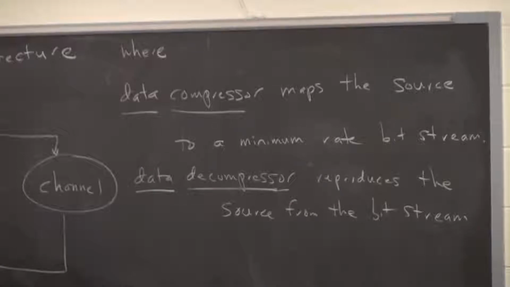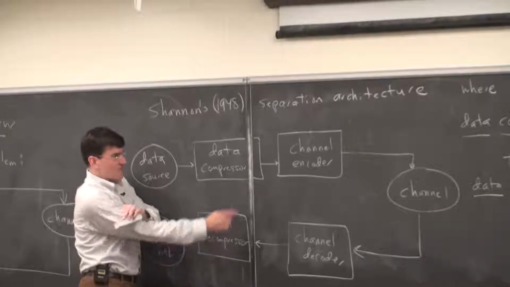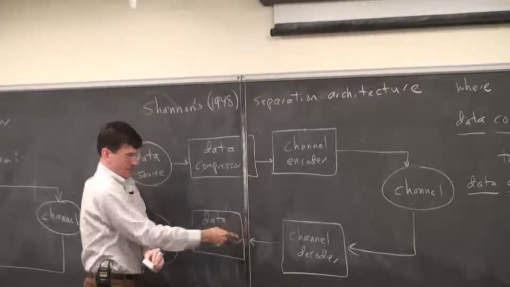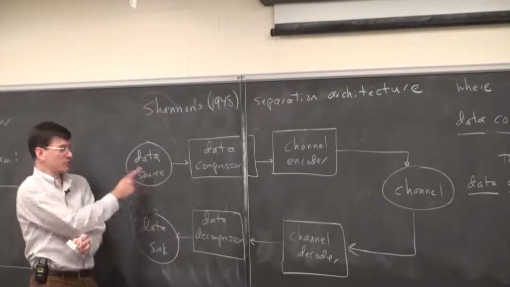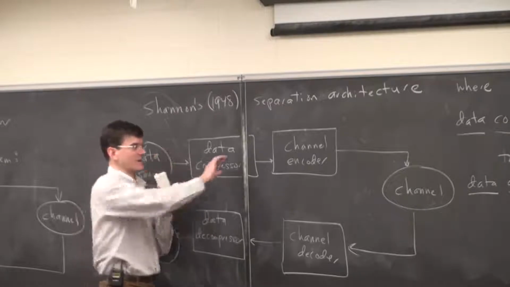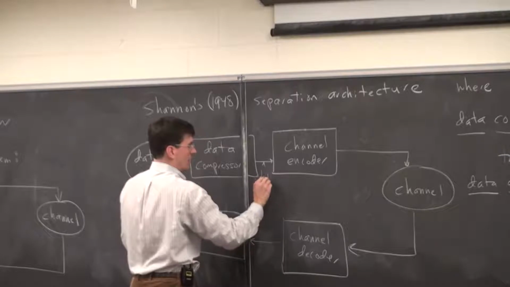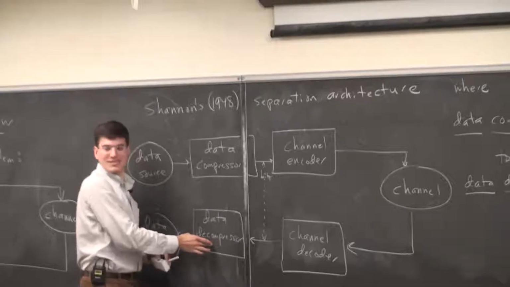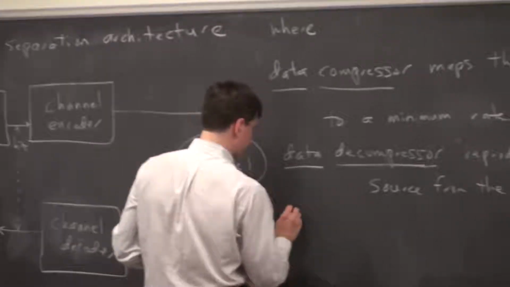The data decompressor right here is designed so that if you just feed the bits that come out of the data compressor right into it, like suppose you eliminated the channel and just took this output and fed it right into this data decompressor, these two boxes are designed so that this will satisfactorily reproduce the source from just the bit stream. So these two boxes are designed almost to circumvent the channel. The data compressor outputs bits, and the data decompressor is designed to take that same bit stream and then reproduce the data at the sink.